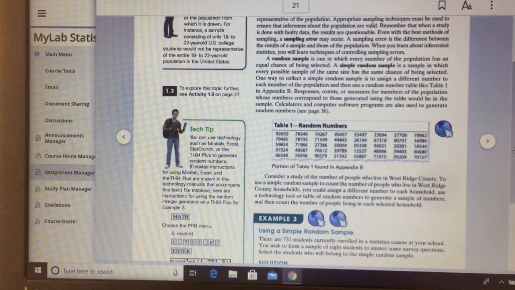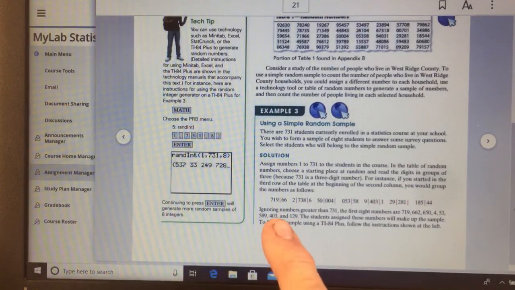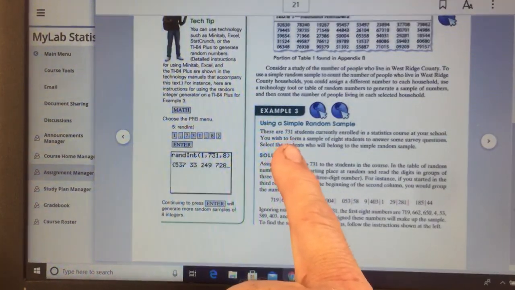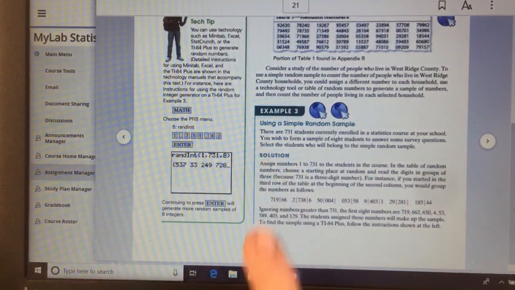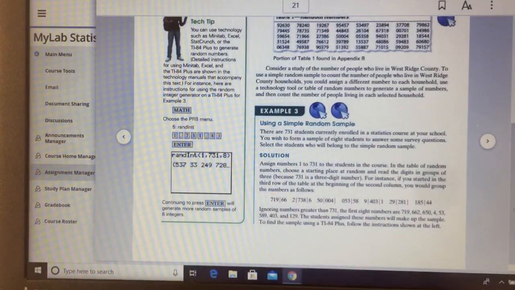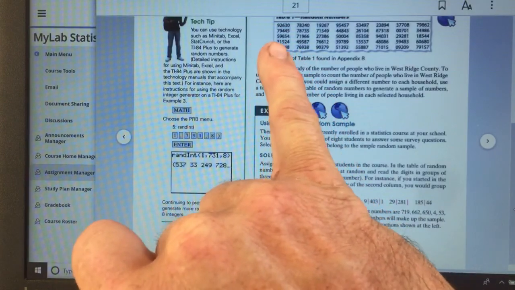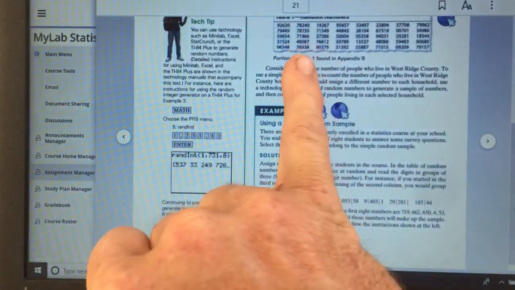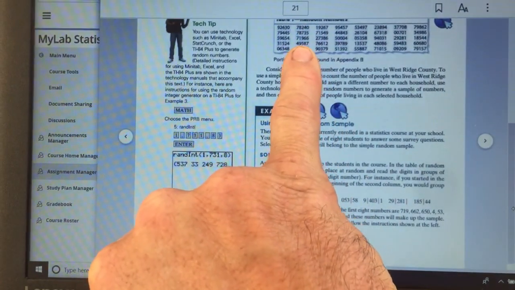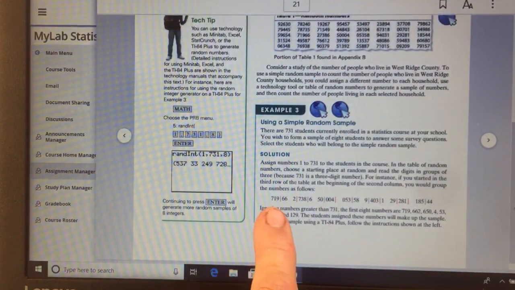Now, they did want an example down here. You can see now there's 731 students in this problem. And so they split this up into 3. So the first one is 719. Now look, they started right here in the third row down, and the second column, right here in this column, this number right there is 71966. Do you see it right there? That's what they started with, 71966.